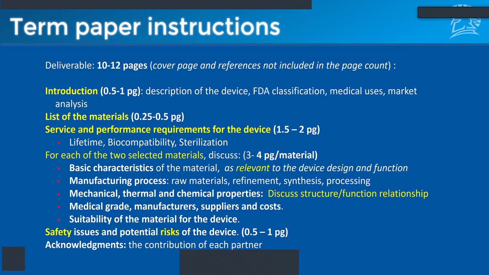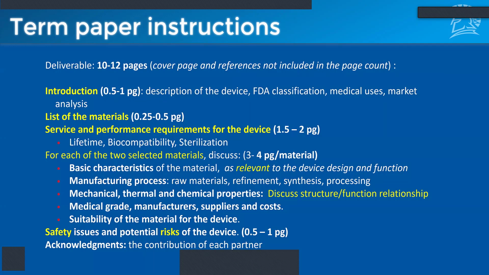The final term paper that you're going to submit is between 10 to 12 pages. I like 1.5 spacing. You can use double spaced if you want, but you may find that you need to reduce it to 1.5 spacing to include all of these categories. So 1.5 to 2 spacing is what I would recommend. 10 to 12 pages.